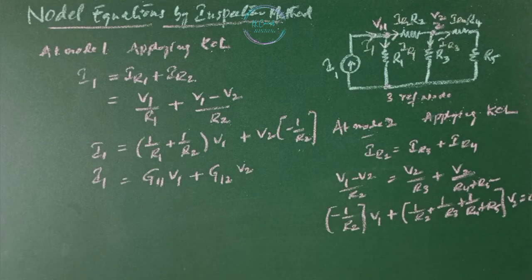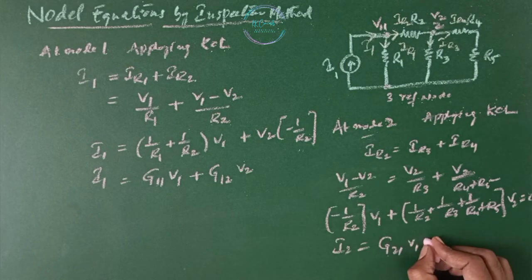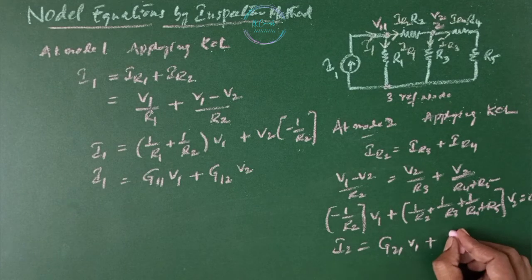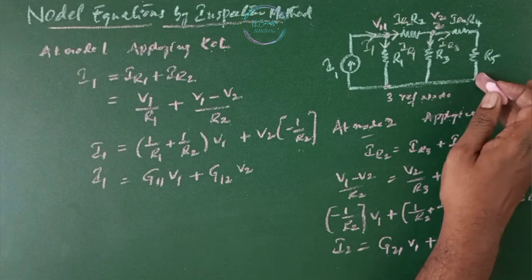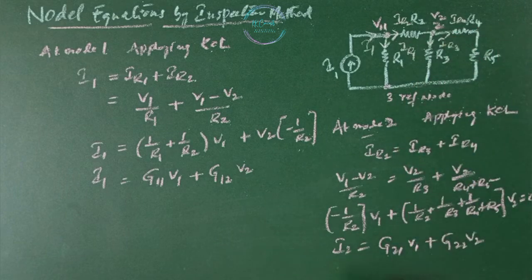Now this is in the form of I2 equals G21, the sum of the mutual conductances between 2 and 1, times V1, plus the sum of the conductances connected to node 2 itself, times V2. Since a source current is not connected to node 2, I2 equals 0.